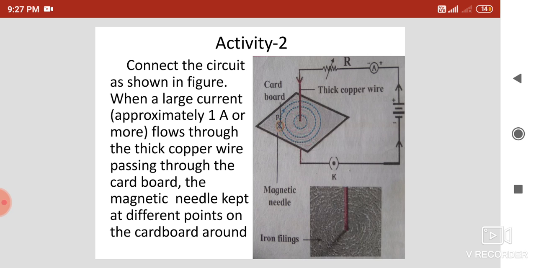So we have to connect the circuit as shown in the figure. When a large current, that is 1 ampere or more, flows through that thick copper wire passing through the cardboard, the magnetic needle kept near different points on the cardboard around the wire gets deflected.